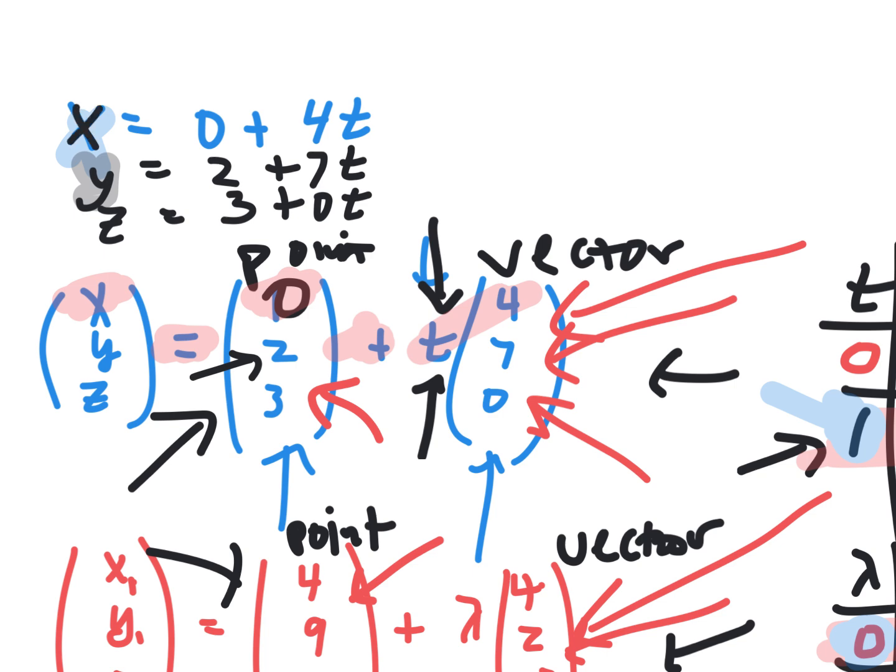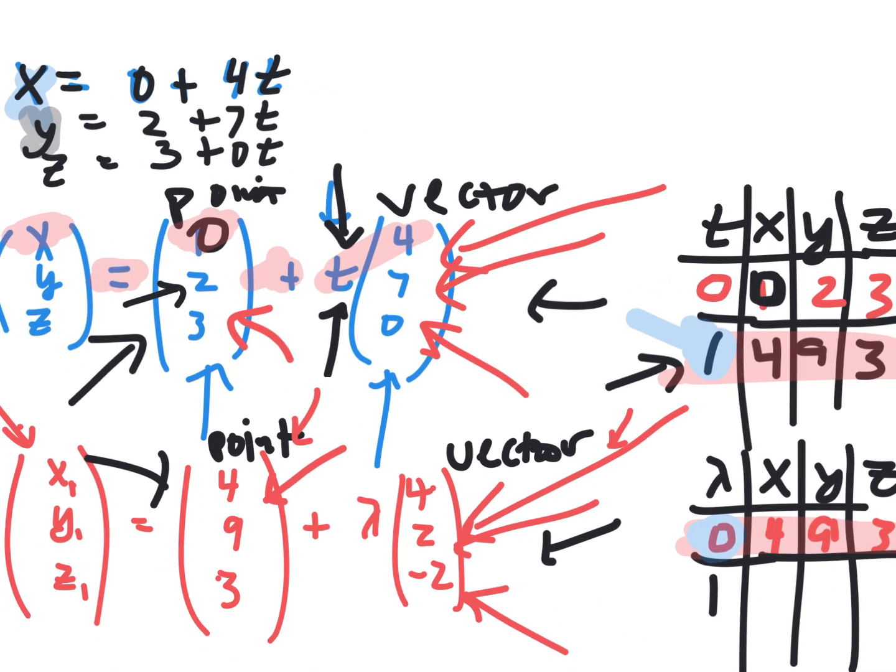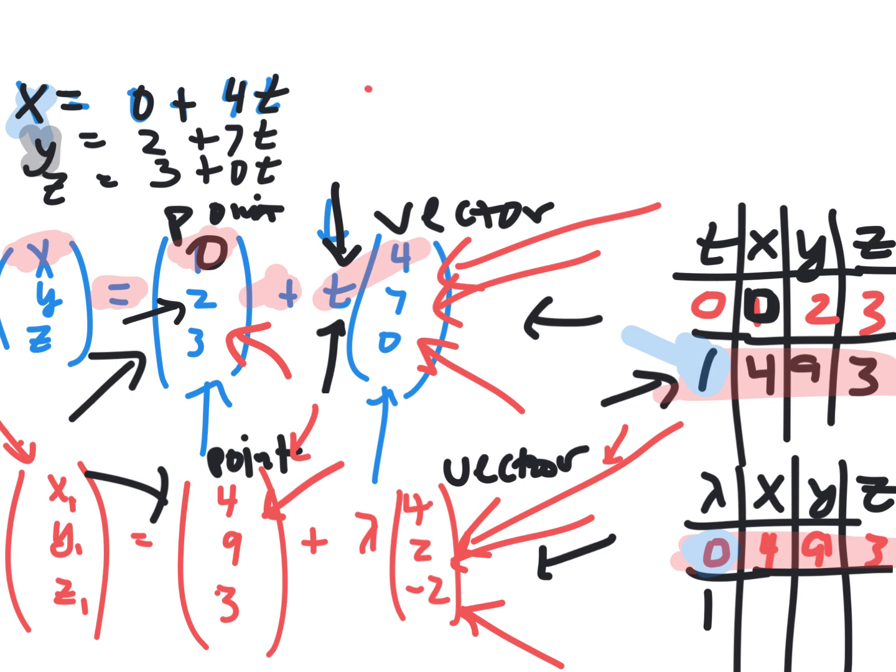Now I'm going to make them all black just to make a point here. There's the black equations that came from the blue. And now I'm going to make my red equations come from the red. So I'm going to use these down here, and I'm going to write them right next to each other. x equals 4 plus 4 lambda. y equals 9 plus 2 lambda.